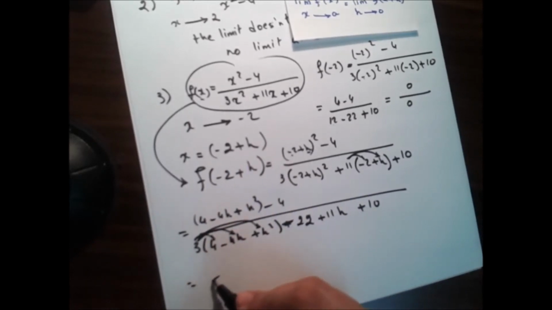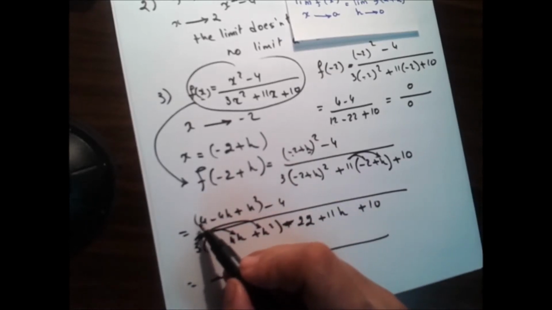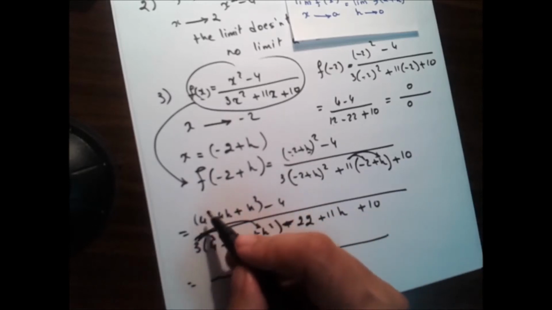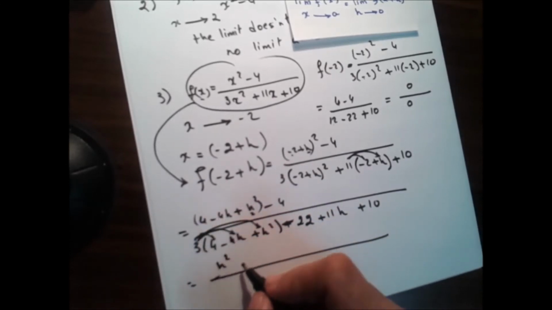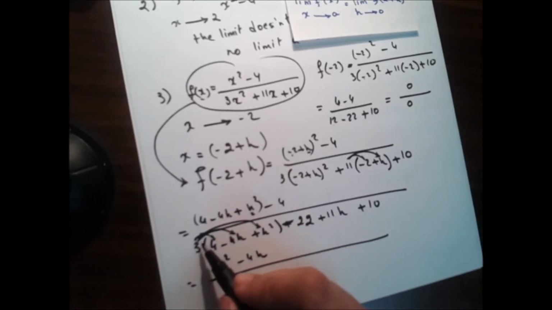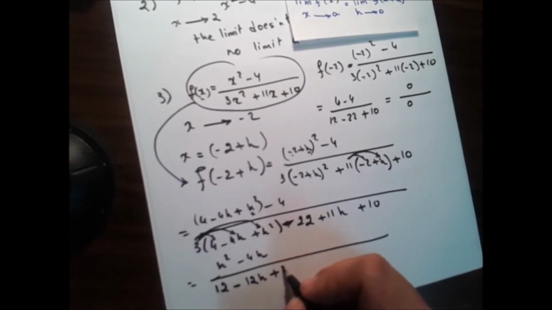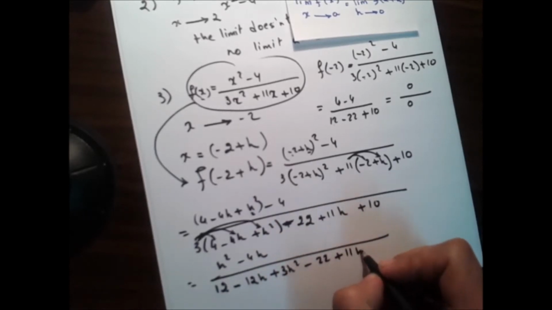This is equal to, up, 4 minus 4, we can safely remove the brackets as we don't have a negative sign outside or a number. 4 minus 4 to be 0, and start by the higher power of h, so h squared minus 4h. Down we can distribute 3 times 4 to be 12, minus 3 times 4 to be 12h, and plus 3h squared, minus 22 plus 11h plus 10.